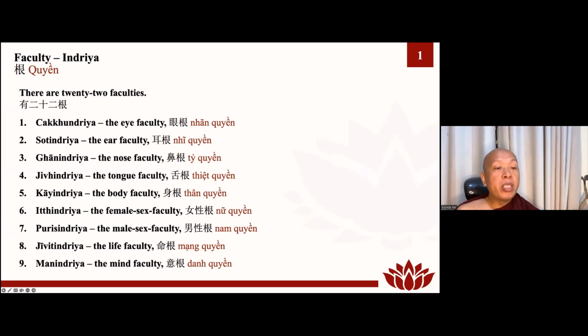On hearing, our ear is also very, very important. When we have a very good ear, we can hear very easily. When our ear is not that good, we cannot hear clearly. This is also the rulership, the lordship over the ear consciousness and so forth. That's why it is also called ear faculty.